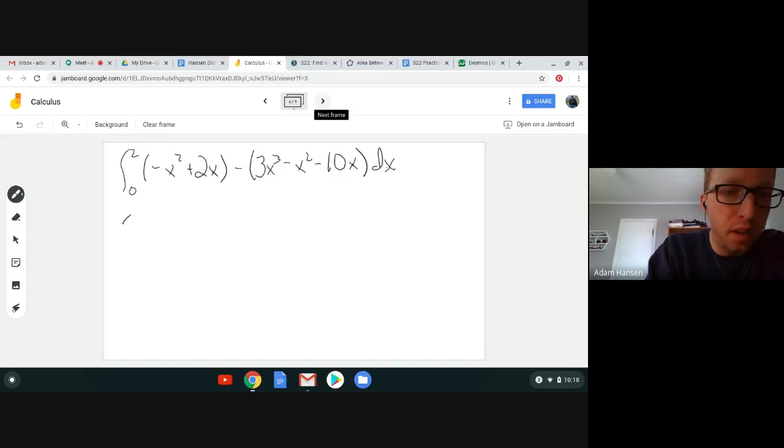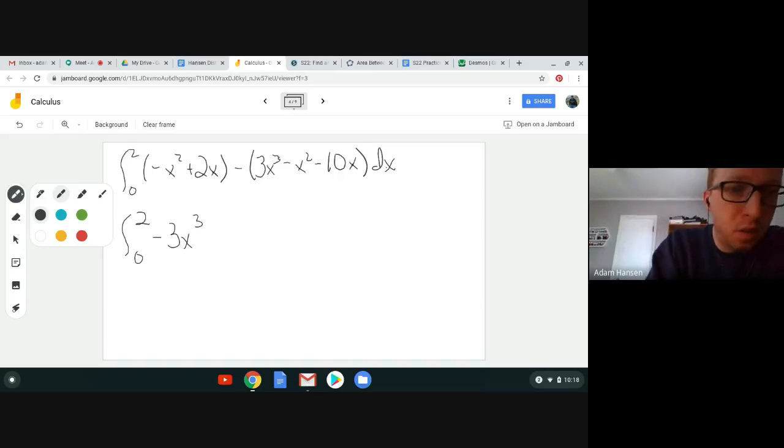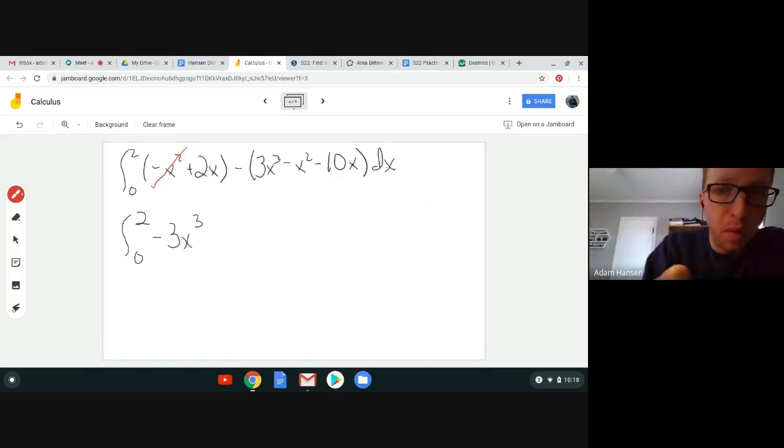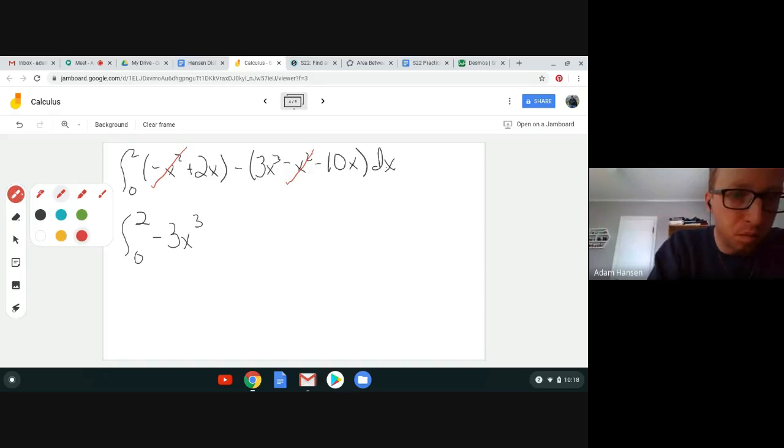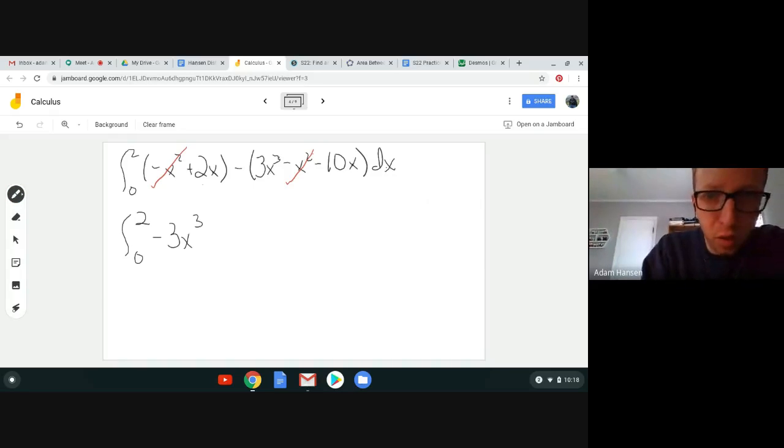So if I simplify the definite integral from 0 to 2 of -3x cubed, once again, -x squared minus -x squared cancels out, and 2x minus -10x becomes a positive 12x.